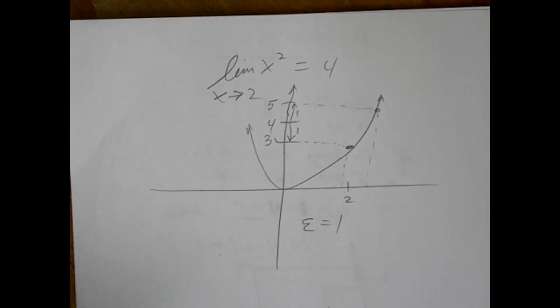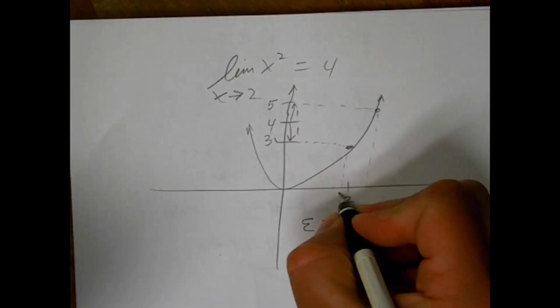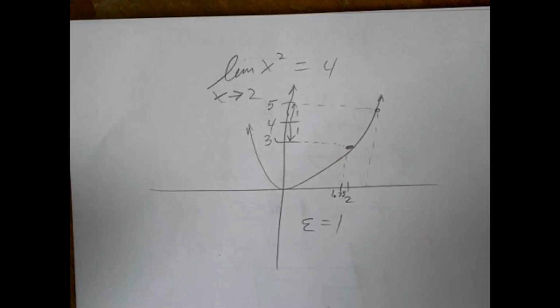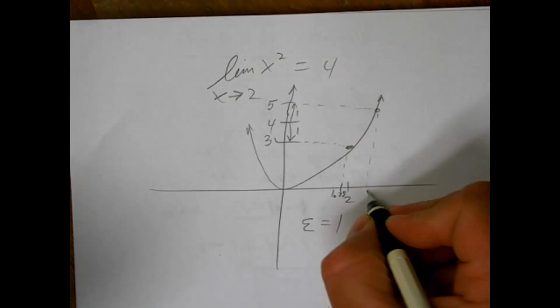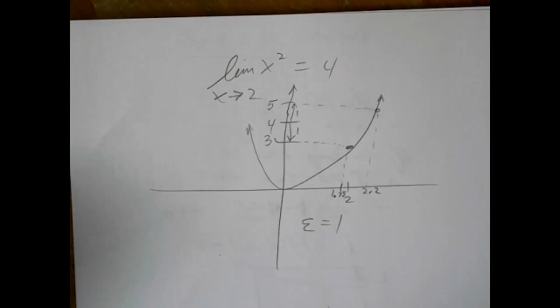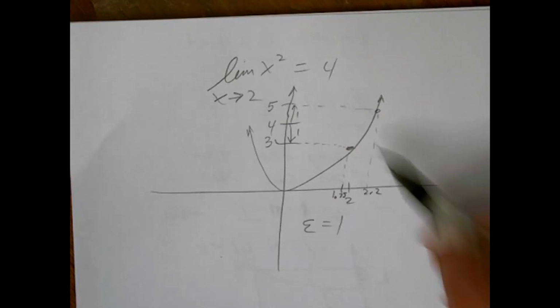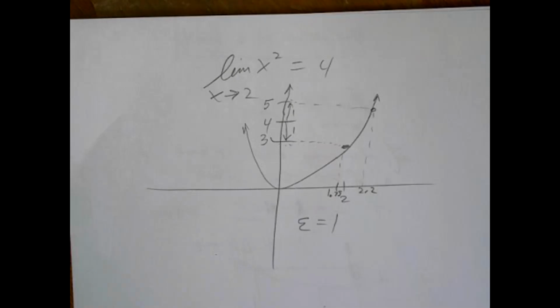With a little bit of help from the calculator, if I'm at 1.75 here and 2.2 over here, then if I am that close to 2, I am that close to 4 up here on the axis.